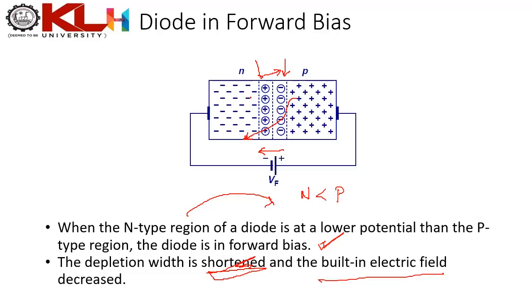Similarly, the same argument holds for the electrons on the n-type. The sea of electrons here can now easily cross this shortened barrier and move into the p-type region. The electron entering the p-type is the ink drop and the p-type is the water. Similarly, the hole moving from P to N is the ink drop, and the electrons over here are the water.